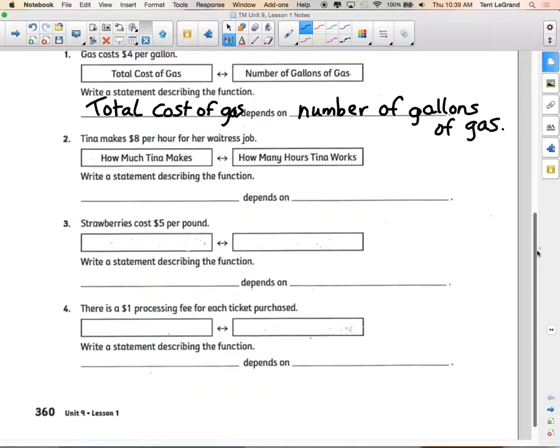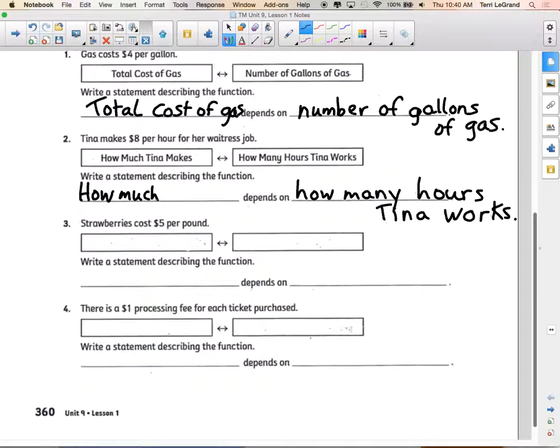So, write a statement describing the function. What depends on what? We just said what's in control is how many hours Tina works. So we have to fill in the end of the sentence: how much Tina makes depends on the number of hours she works.